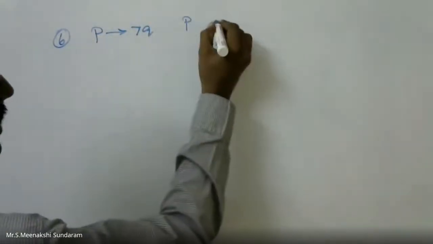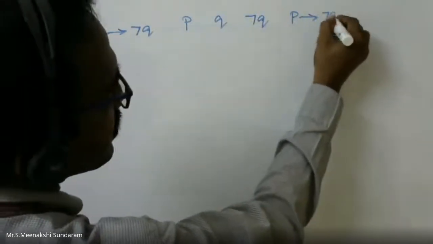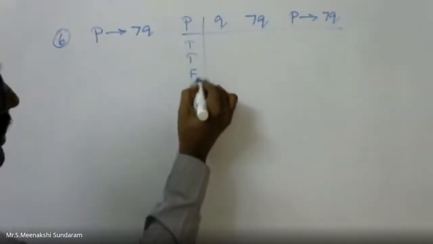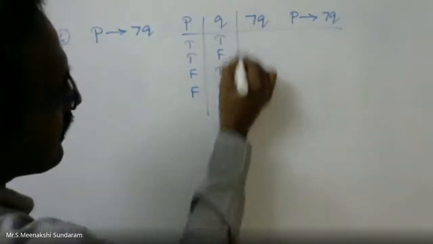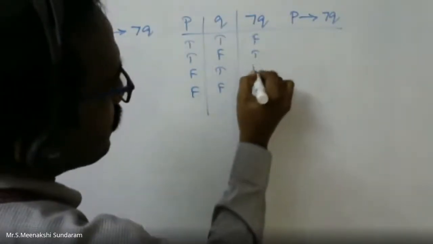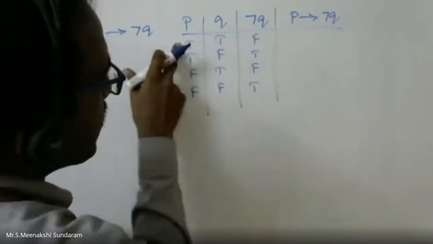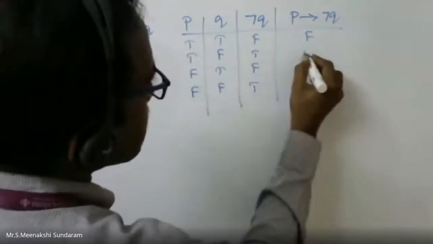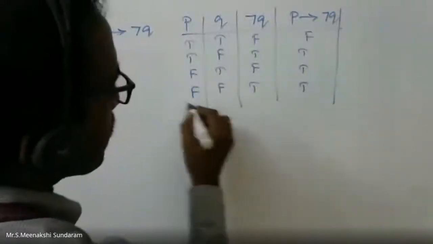P, Q, negation Q, P implies negation Q. P is true, true, false, false. Q is true, false, true, false. Negation Q is false, true, false, true. For P implies negation Q, when input is true and output is false, it is false. All the other cases are true. That's all. That is the conclusion of this statement.